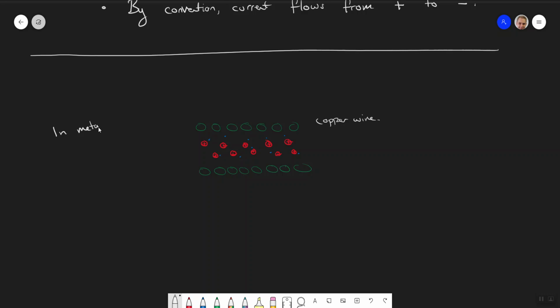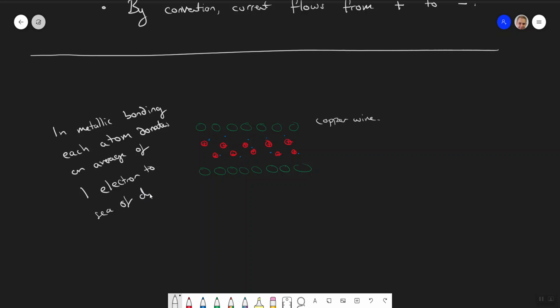In metallic bonding, each atom donates an average of one electron to the sea of delocalized ones.